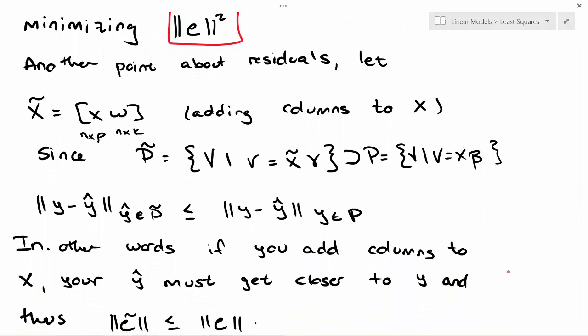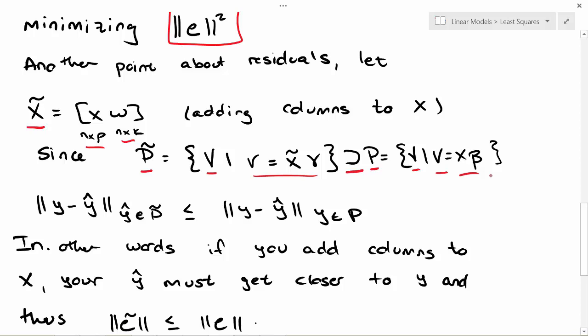Let me talk about another point about residuals. Let X tilde be our X design matrix that we were talking about, plus another k columns. In this case, the space of points in R n such that they are equal to X tilde times gamma for some gamma in R p plus k has to contain the plane of vectors in R n that are equal to X beta for beta in R p.